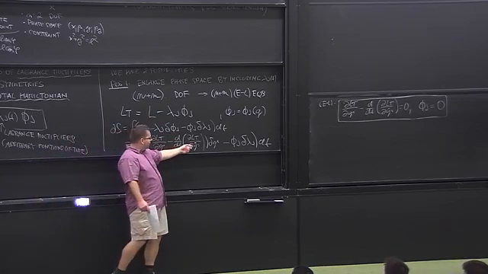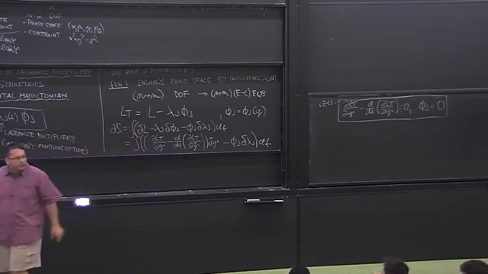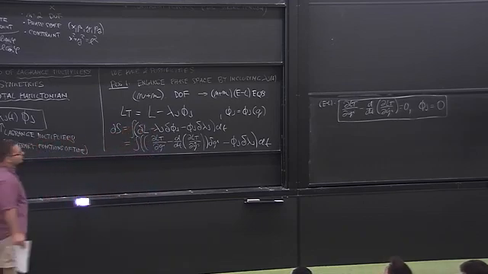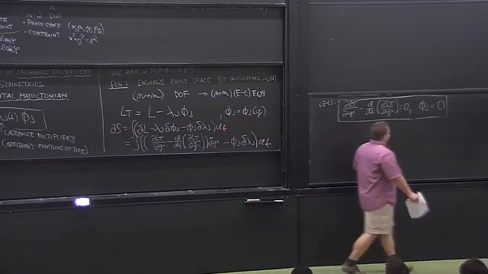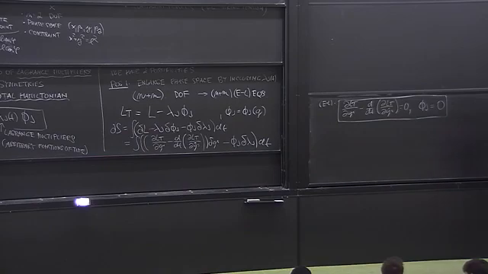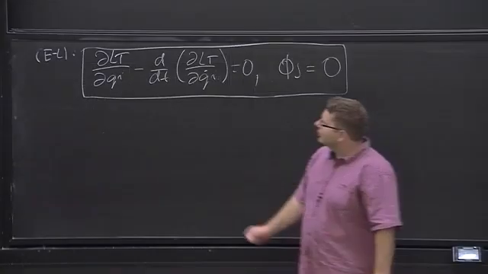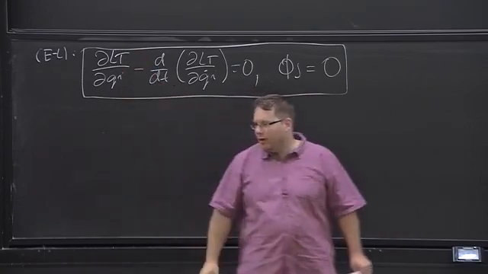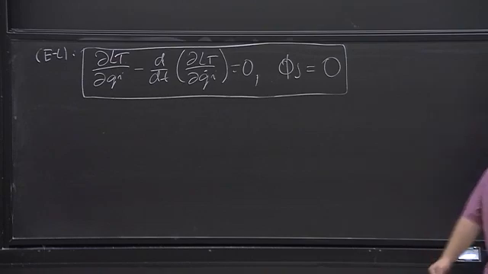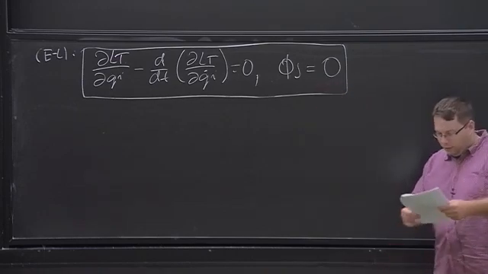And then this thing is not adding anything else because I'm not letting phi depend on q dot. So you can write it this way. I'm just rewriting whatever the equality is. But now I just want to stress that all you have to do is write down the Euler-Lagrange equations, not with respect to the old L, but with respect to the total L, which contains the constraints. But you're also getting the constraints as your Euler-Lagrange equation.